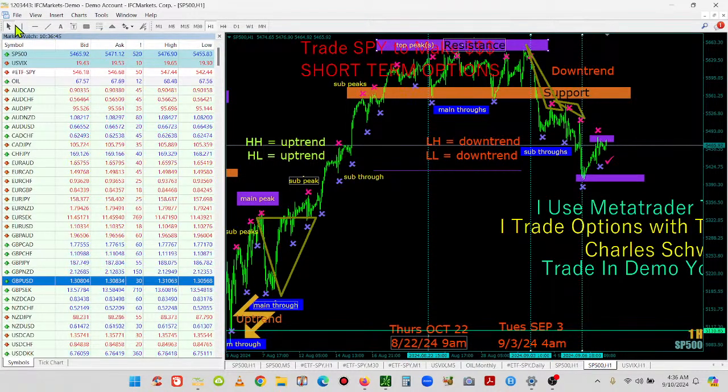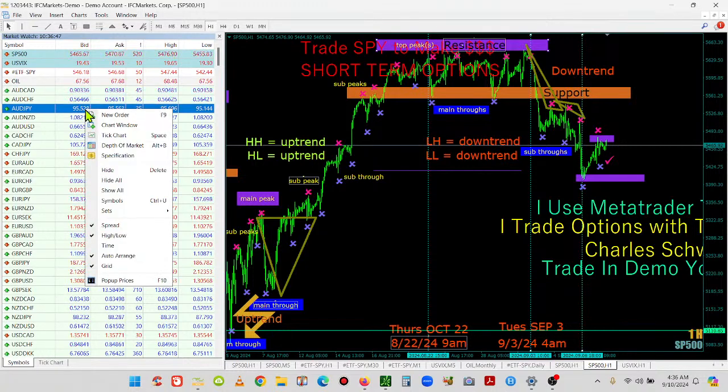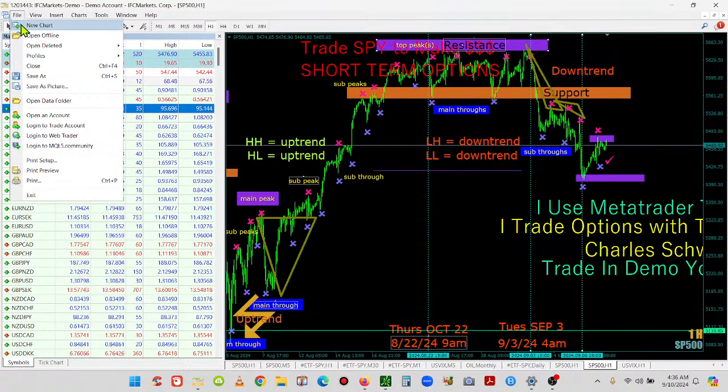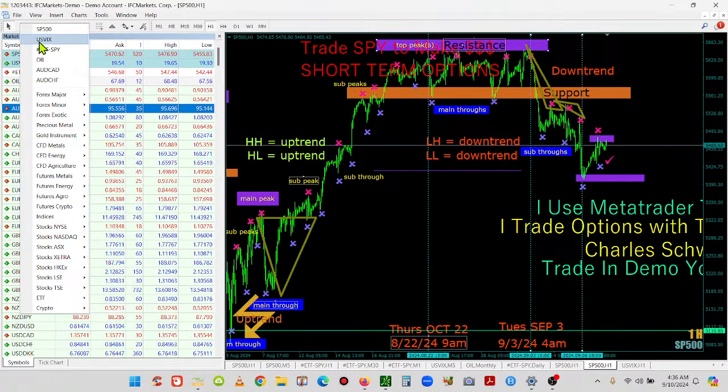Another way you could do it, you have to select Show All to find what you're looking for. Then after you select Show All, you do File, New Chart, and then it will be ETF SPY. That's how you find the SPY in IFC Markets. Other MetaTrader brokers probably have it as well.